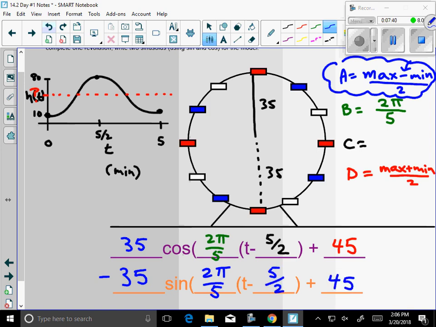Okay, so one thing that you can do immediately is you can lock in a couple of these numbers. Which ones won't change? Actually, 3 of them. What won't change? A, B, and D. Those aren't going to change. You just lock those in. The only thing that's going to change is whether or not it's reflected and the shift.